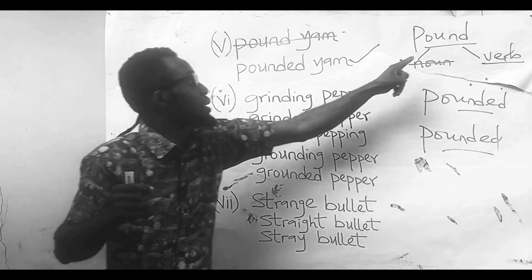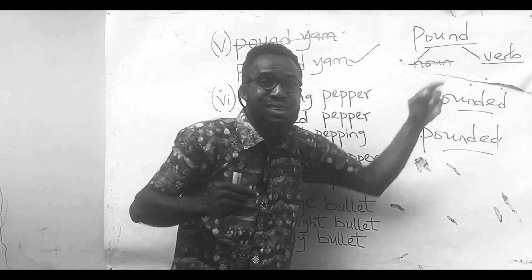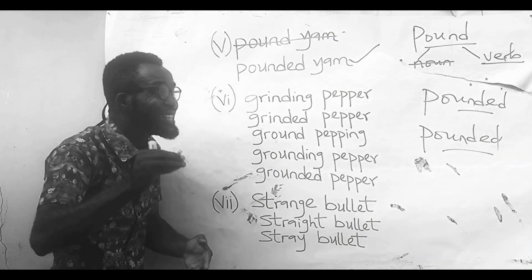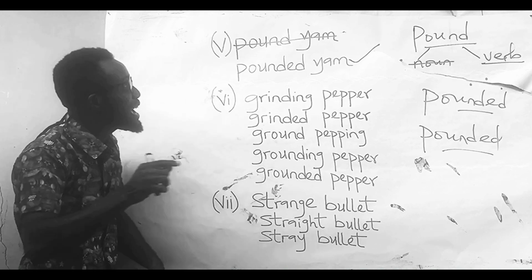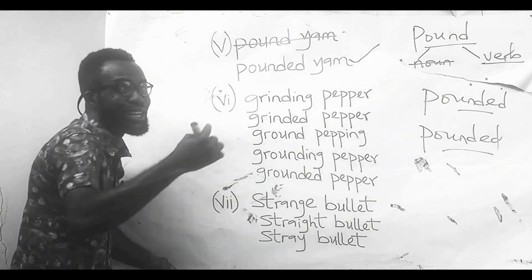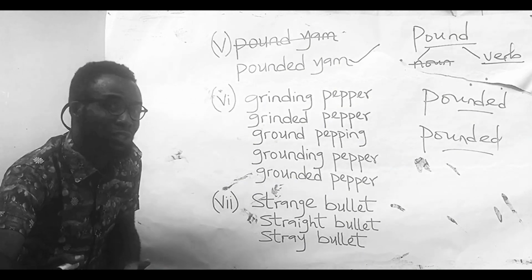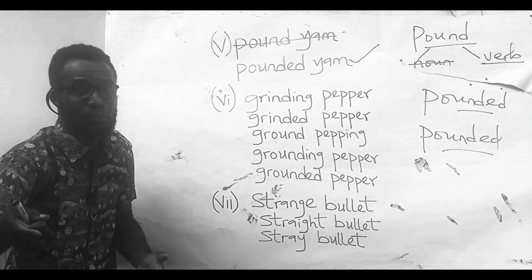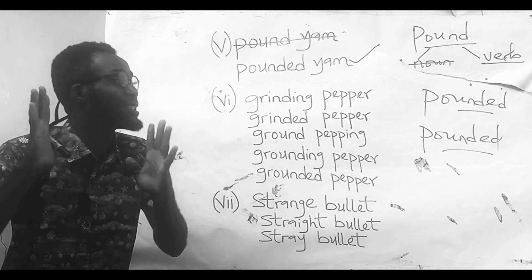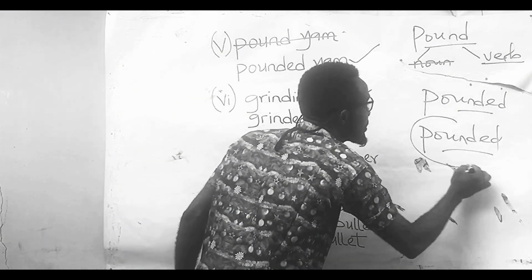If we use this verbal word, pound, adjectively, to qualify the noun yam, to show that the yam has already been crushed by hitting it repeatedly, the rule is we are expected to use the past participle.